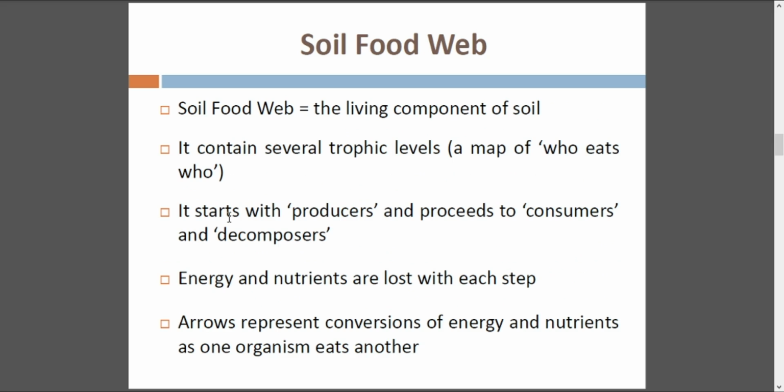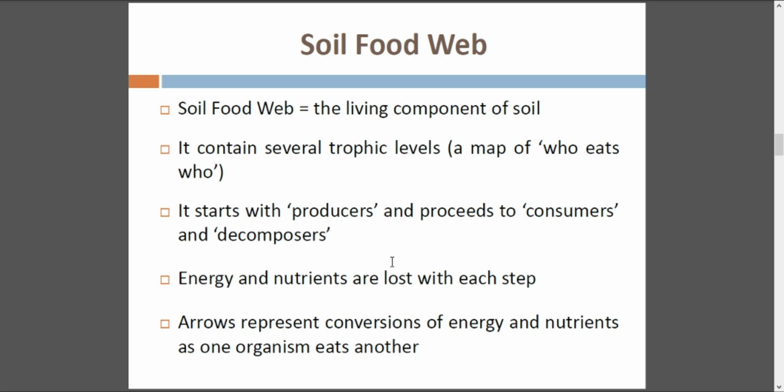Now let's look at the food web. The food web is composed of living components of the soil, and it contains several trophic levels, which indicate who eats whom, or which organisms depend on which organism. The food web starts with the producers and ends with the consumers and decomposers.